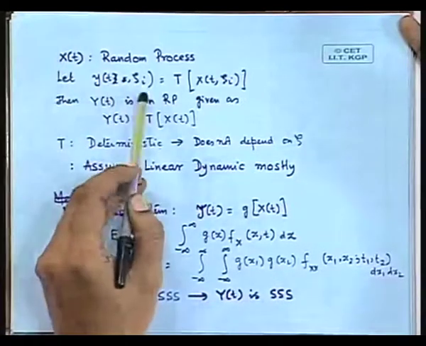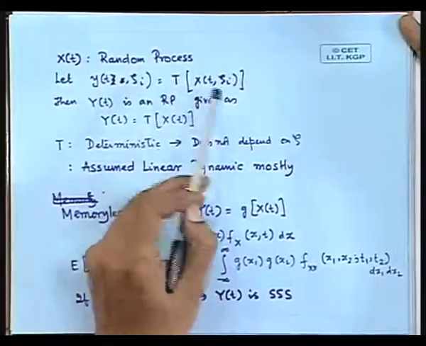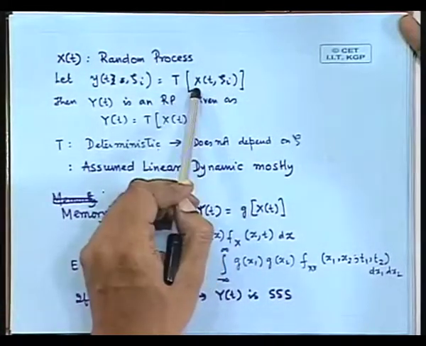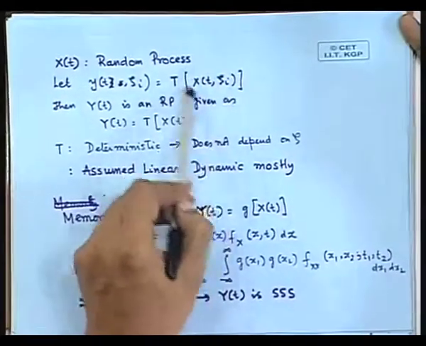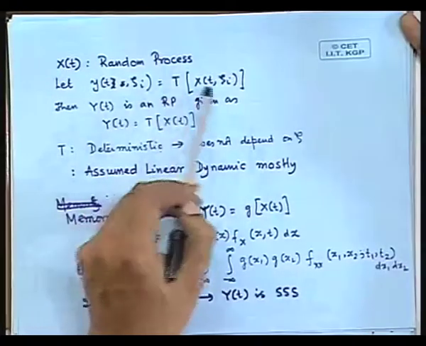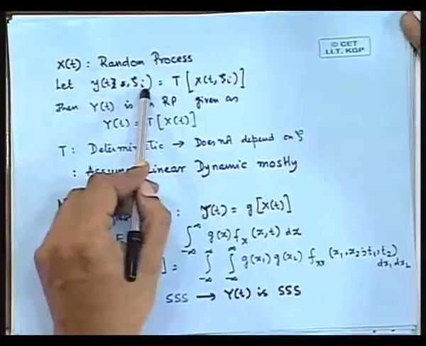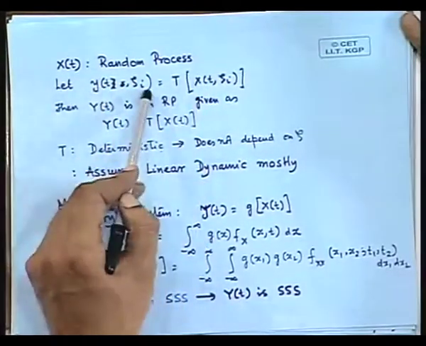So given that X(t) is a random process, corresponding to every experimental outcome xi you have a function x(t). Now if you apply an operator T on that function, you get another function y(t), and then you can directly associate this function with this xi.